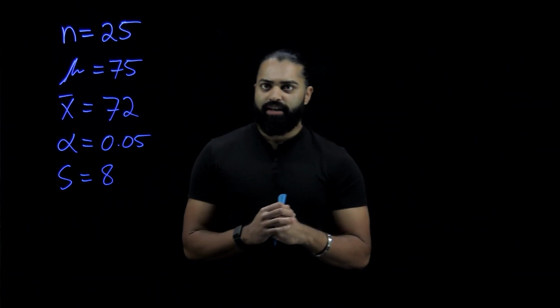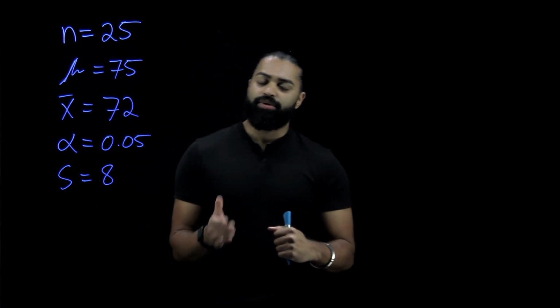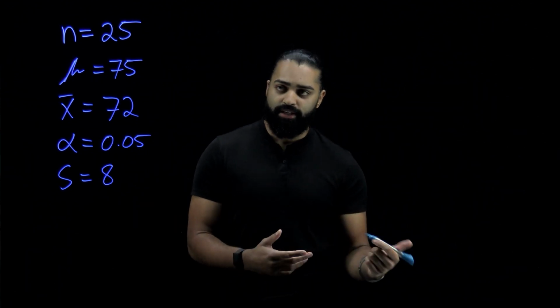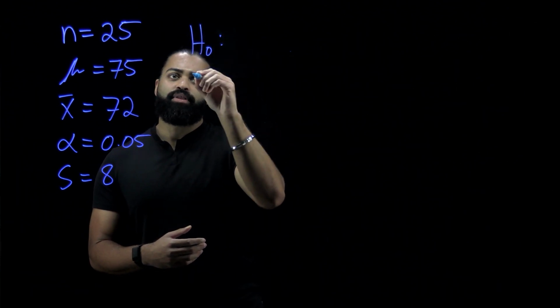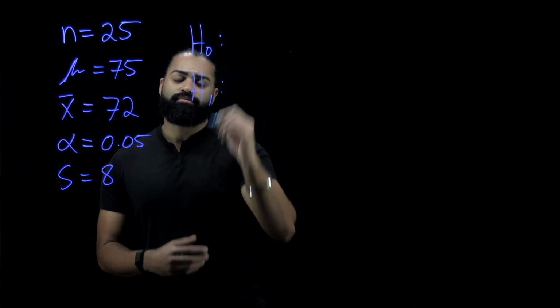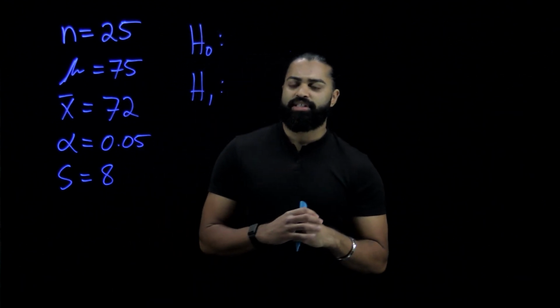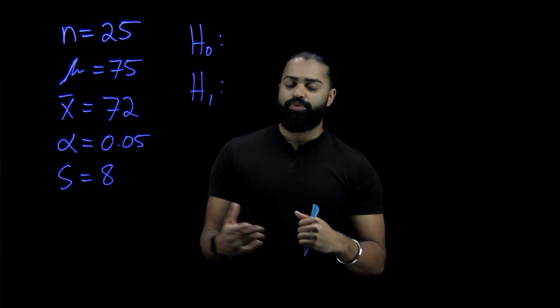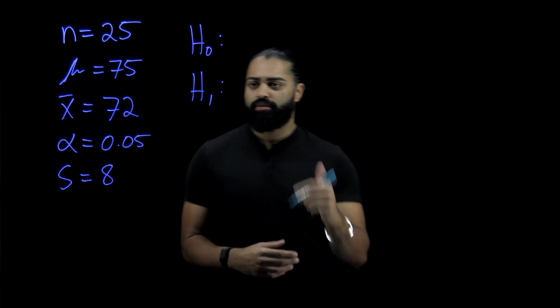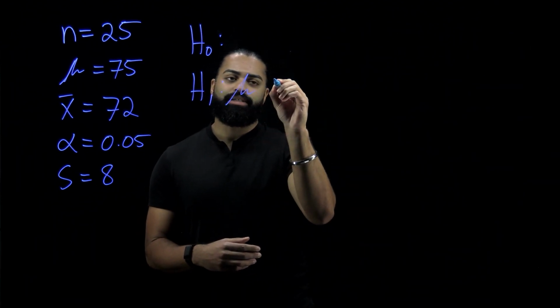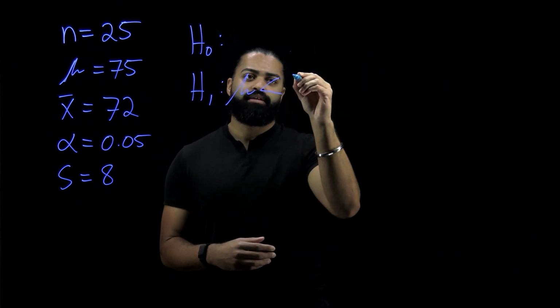So in the question itself, I ask you the instructor claims that the average score is less than 75, and we want to test this claim. So what I gave you is not the null, but the alternative. Now from the alternative, we know the symbol that we're going to use is mu. The reason why it's mu is that's the parameter for populations. So mu is going to be less than 75.